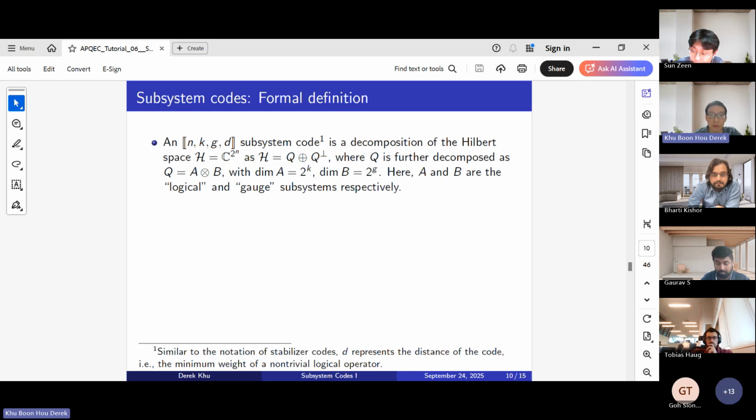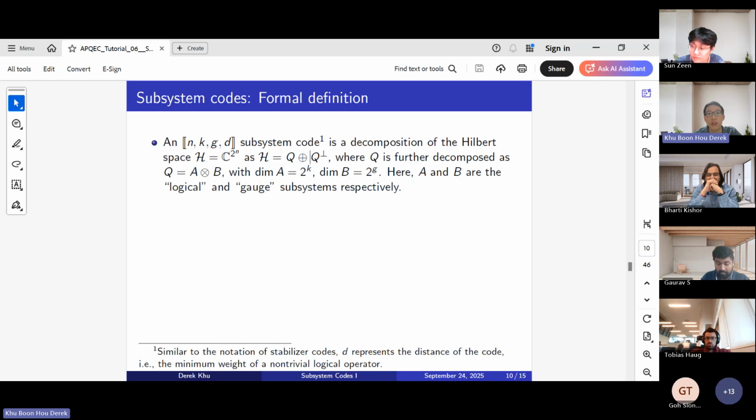You have a code space Q, and then a space Q perp, which is the orthogonal complement of Q. But the difference between a subsystem code and a stabilizer code is that this Q will be further decomposed into A tensor B. A would have dimension 2^k, and B would have dimension 2^g.